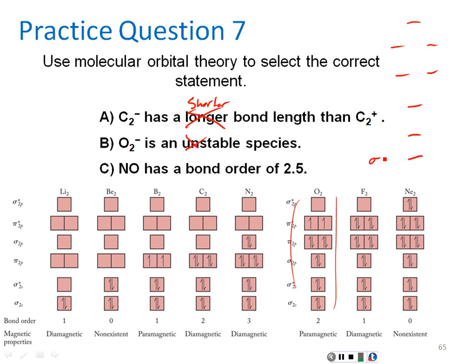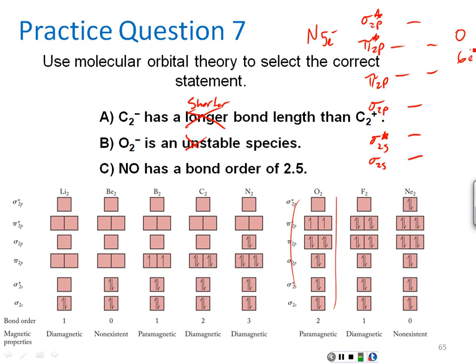So we have sigma 2s, sigma star 2s, sigma 2p, pi 2p, pi star 2p, sigma star 2p. And then if we had nitrogen and oxygen, we're going to have 5 valence electrons from nitrogen and 6 electrons from oxygen.